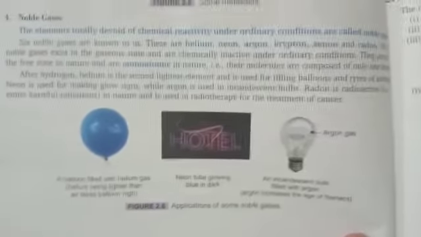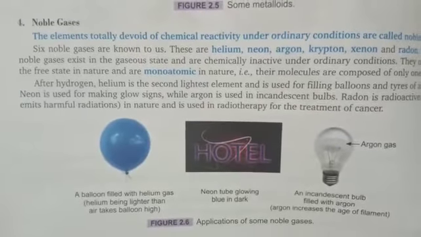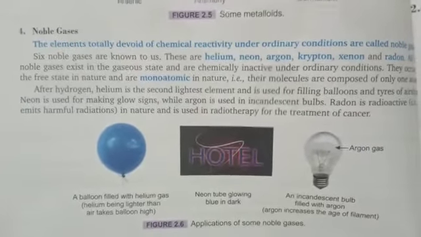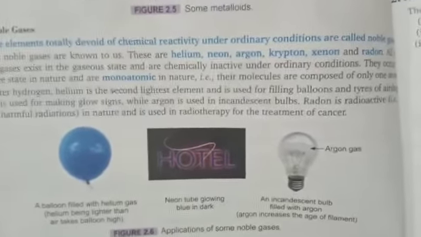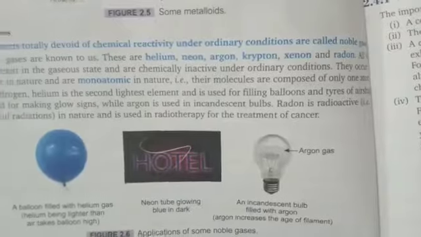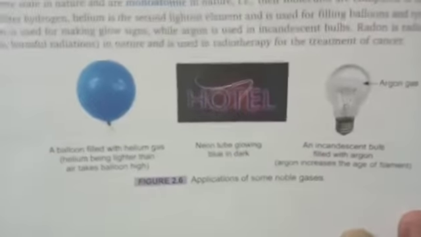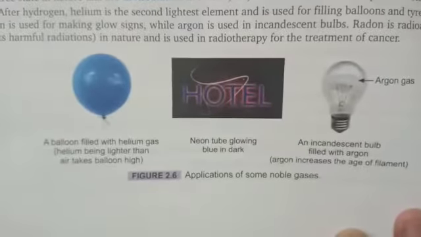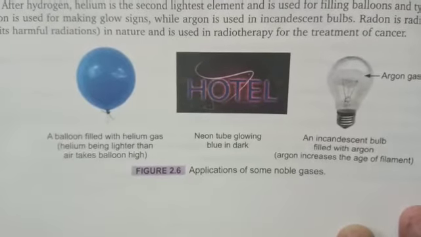Radon is radioactive and emits harmful radiation. It is used in radiotherapy for the treatment of cancer. Dear student, see here some diagrams which show the uses of inert gas elements.